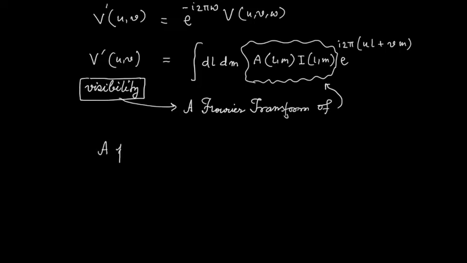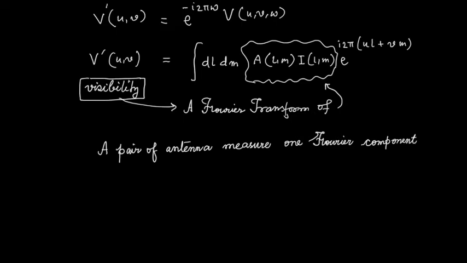So we can say a pair of antennas measures one Fourier component of the spatial intensity distribution, because A_lm is something of your antenna, you will know that. Specific intensity, sorry.